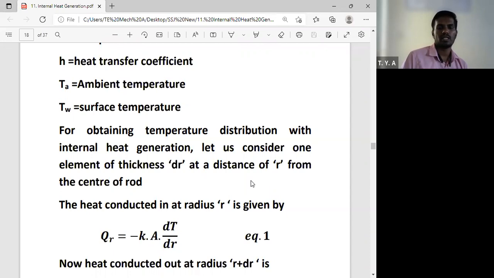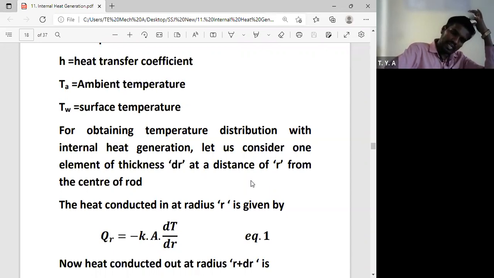Let us consider one element of thickness dr at a distance of r from the center of the rod.